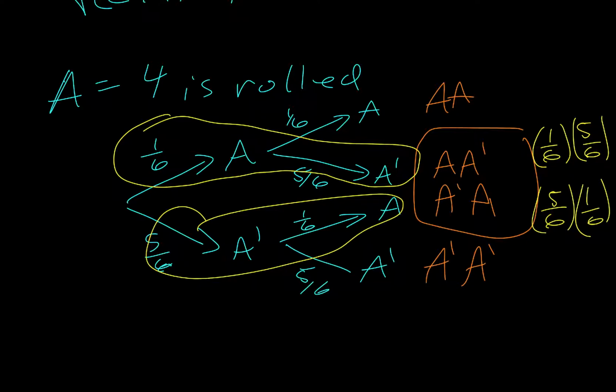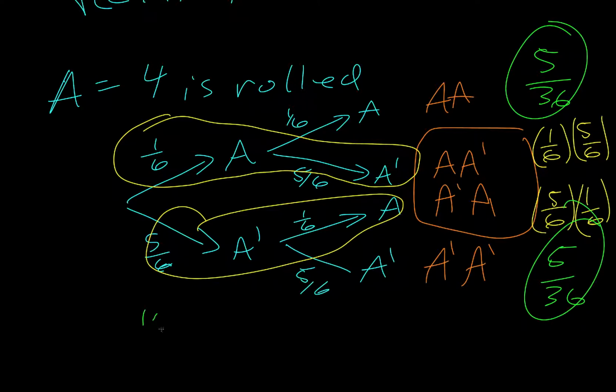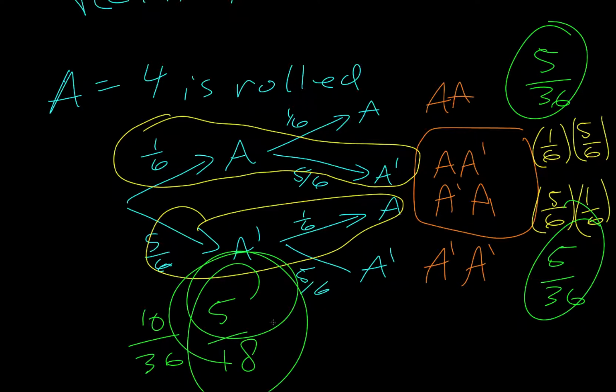Both of those are going to have the same outcome. 1 times 5 is 5 over 36, and 5 over 36. All we need to do is add these two green ones together, so we get 10 over 36. If we reduce that, divide by 2, we get 5 over 18. And that would be the final answer on that.